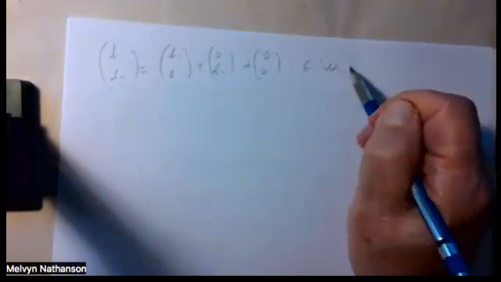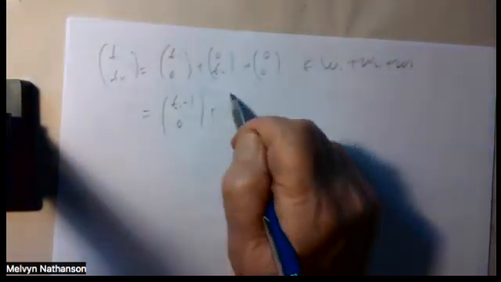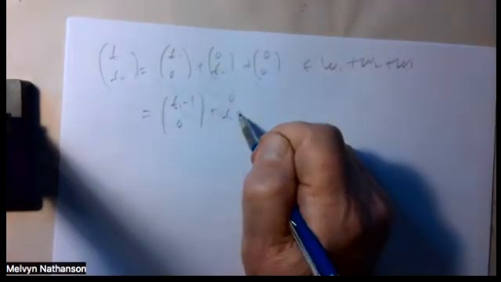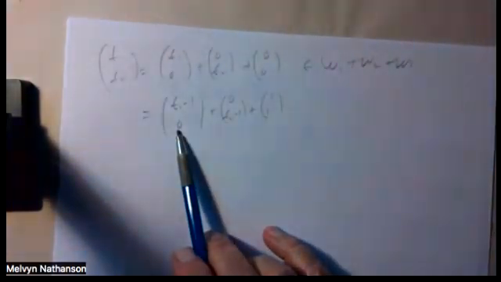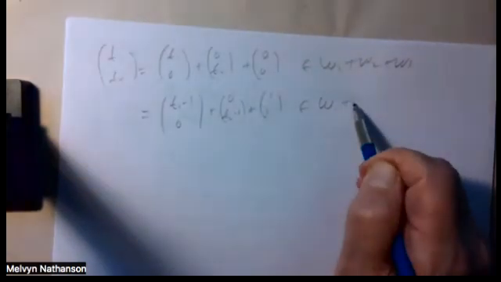This is in W1 plus W2 plus W3. But I can also write it as, let's say, (t1 minus 1, 0) plus (0, t2 minus 1) plus (1, 1). First coordinate 0, second coordinate 0, coordinates the same. This is also in W1 plus W2 plus W3.